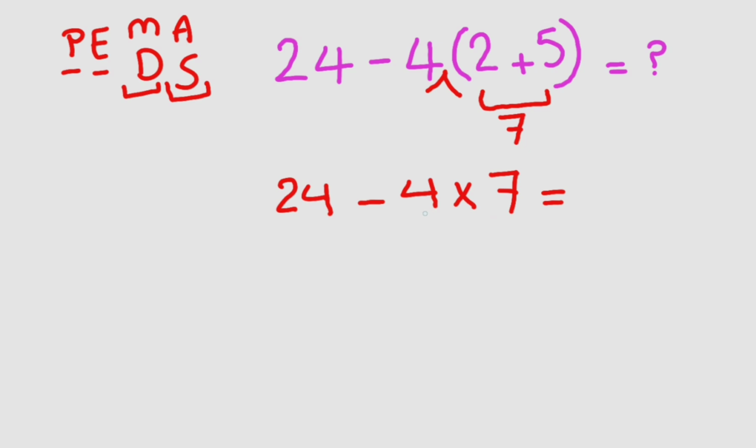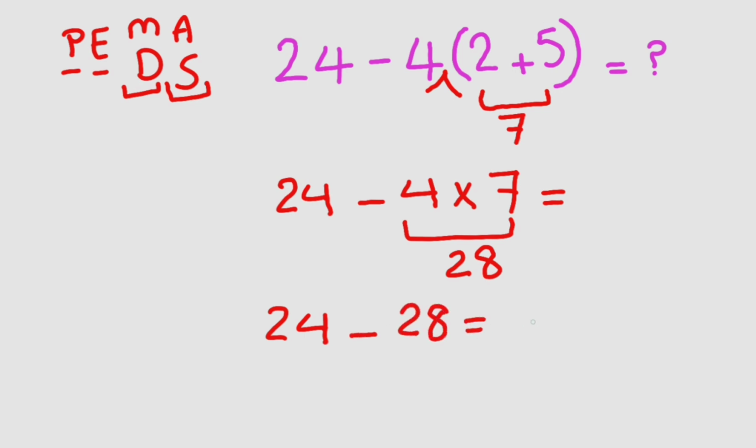So 4 times 7 gives us 28. Now we have 24 minus 28. So the answer is -4.